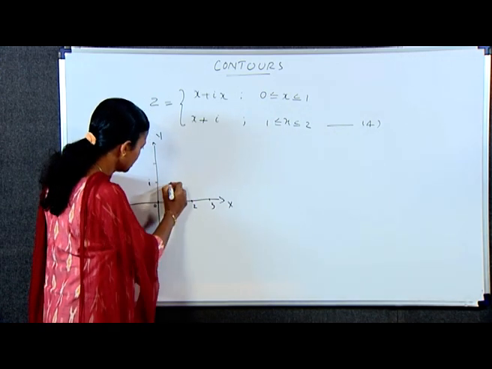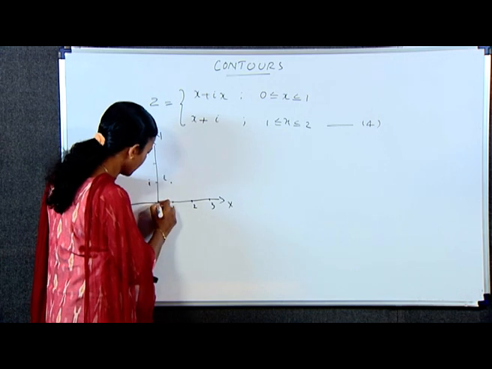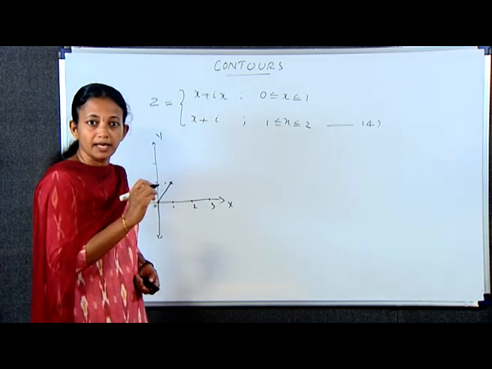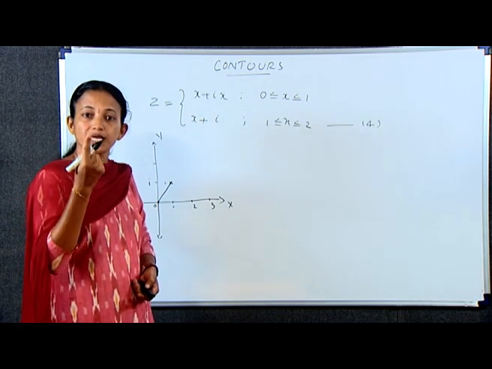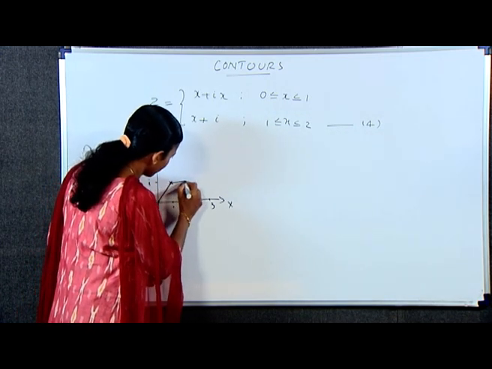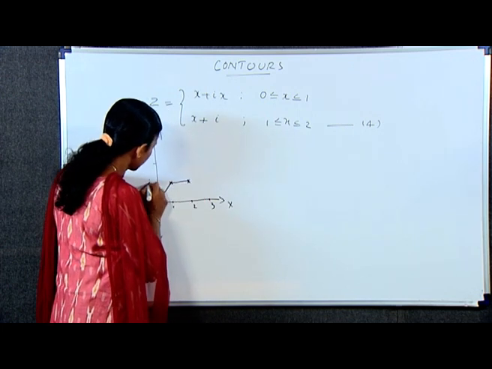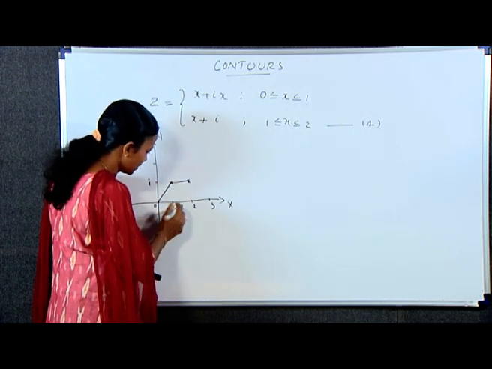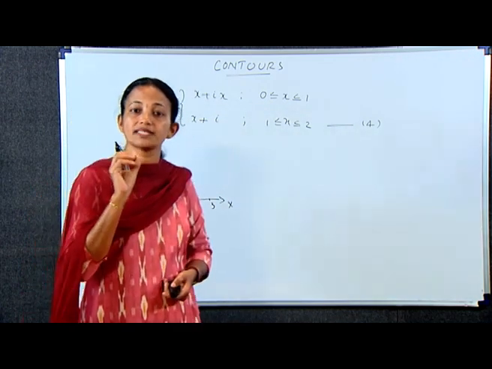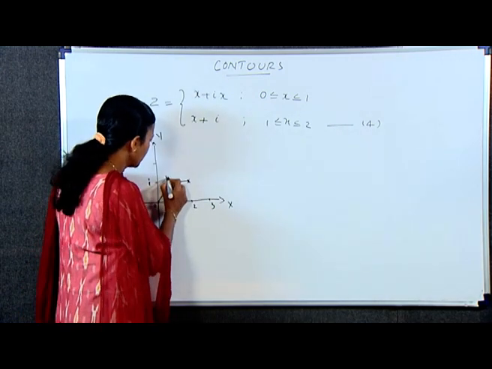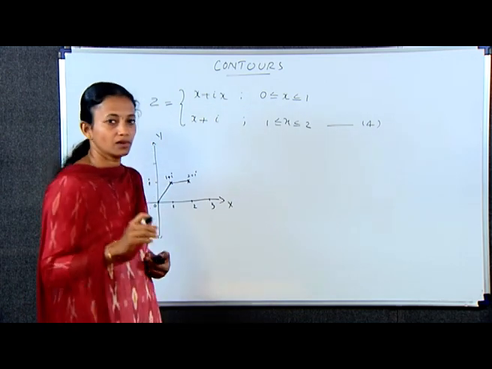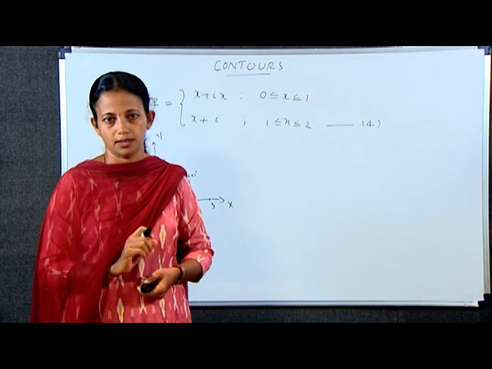This is our 0, this is our 1 + i, followed by a segment from 1 + i to 2 + i. Here we have the 2 + i coordinate. This is an example of a simple arc.